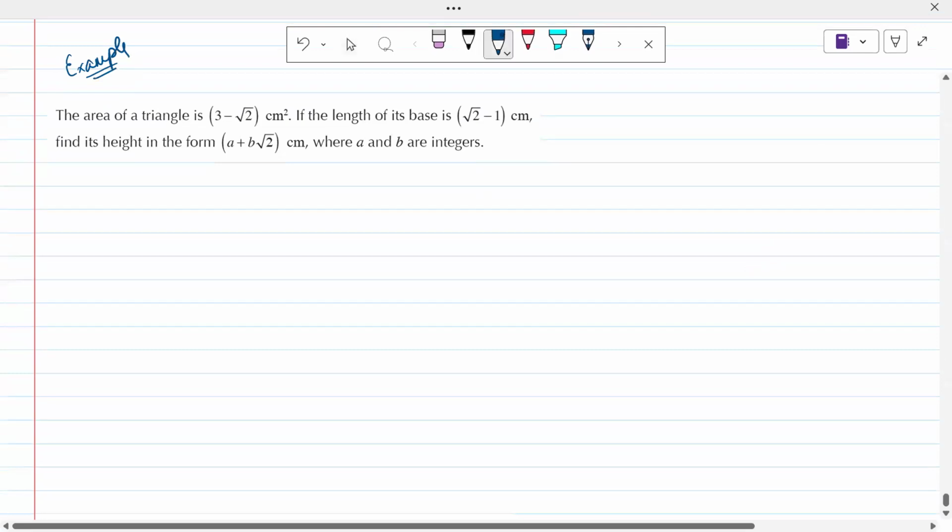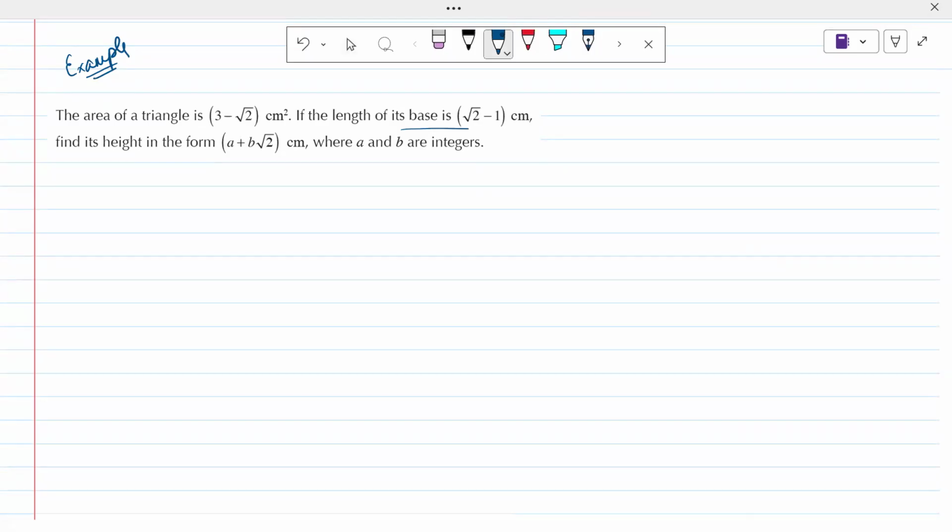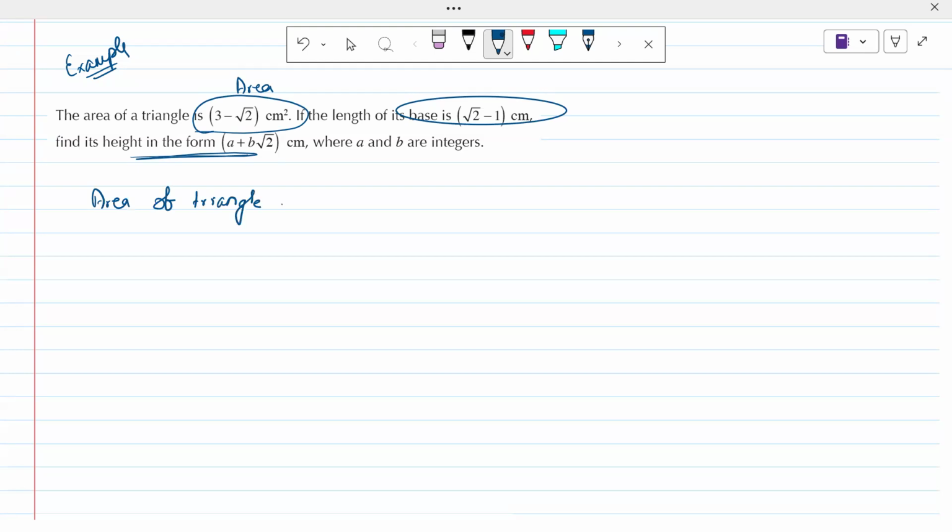If the length of its base is this, this is the base, this is the area, and we have to find the height in this form. So since it's about the area of a triangle, we have to start with the formula of the area of a triangle. Area of triangle equals half into base into height.